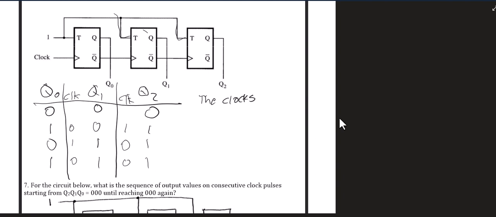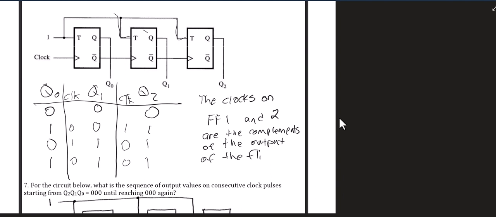So we could say the clocks on flip-flop 1 and 2 are the complements of the output of the flip-flop before.